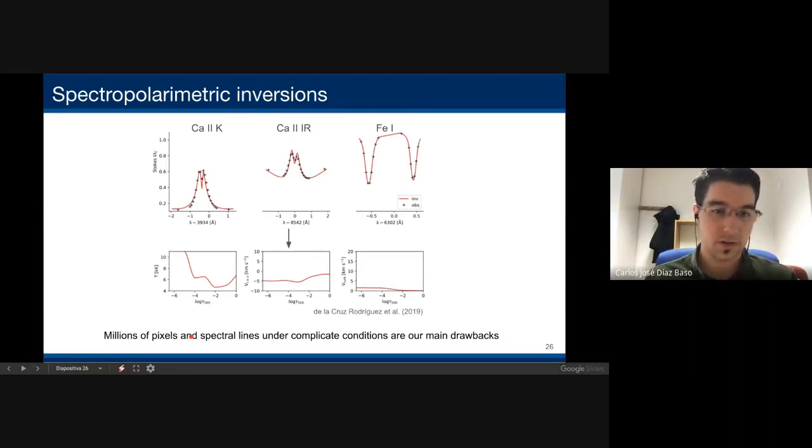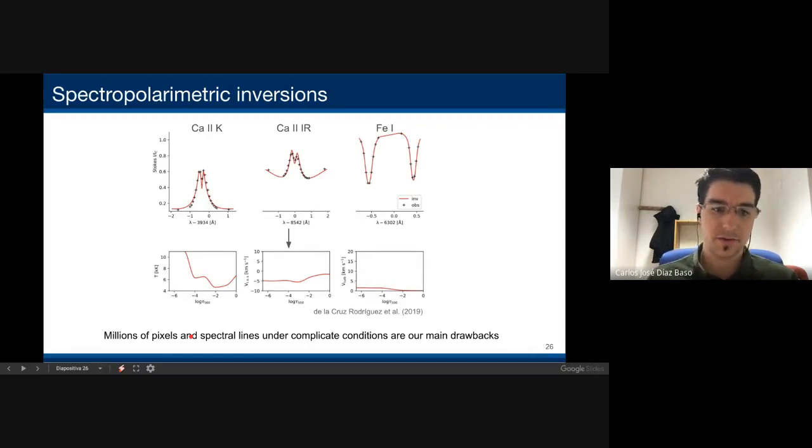And for that, we use what we call inversion codes, where they find the physical quantities that are able to generate the same signatures that we observe. So when we do inversions, we want to have many spectral lines, because then we will constrain much better the whole atmosphere and all these quantities.